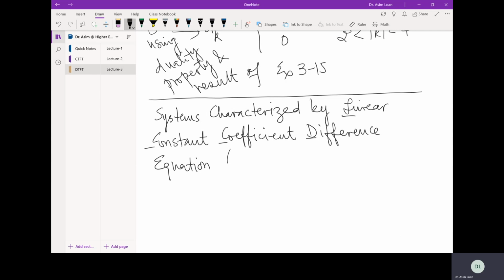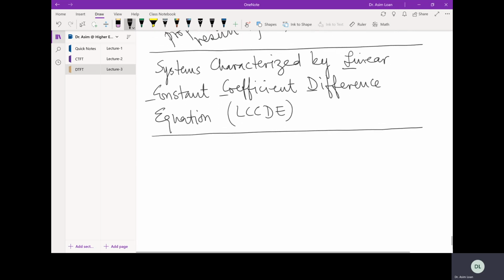This is the counterpart of the differential equation case, where we used the continuous time Fourier transform to find the solution of the differential equation. Now we use the discrete time Fourier transform to find the solution of the difference equation.